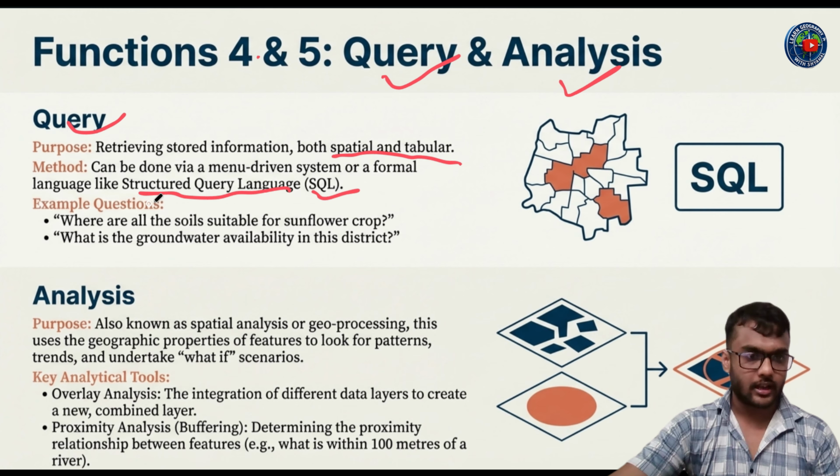Examples of questions: where are all the soils suitable for sunflower crops, or what is the groundwater availability in this district. These are some queries. Basically, these are queries we ask in our GIS systems.